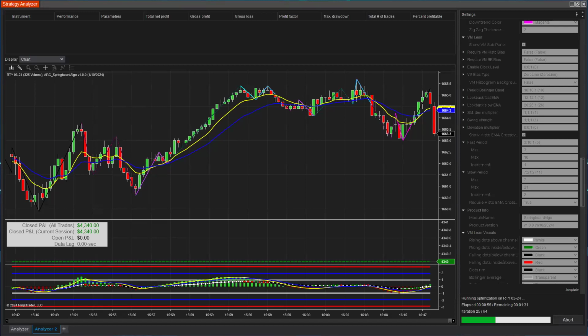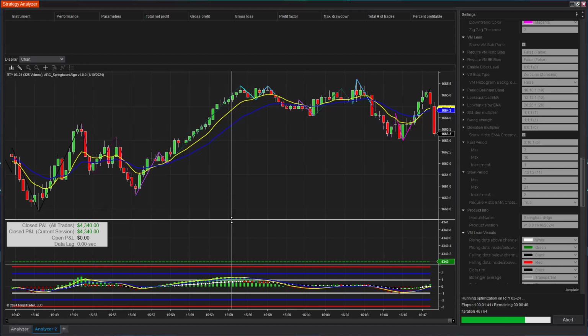I'll give it a couple minutes to do its thing here. I wonder if this will let me flip over to this other one while it's doing this without blowing everything up.